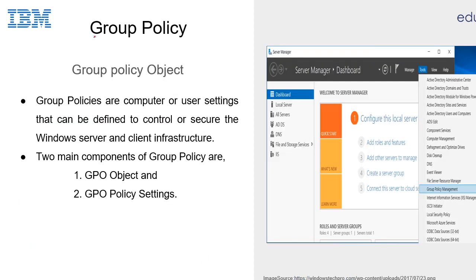Next, group policy. Group policies are computer or user settings that can be defined to control or secure the Windows Server and client infrastructure. We created organization units and we can create different types of users.